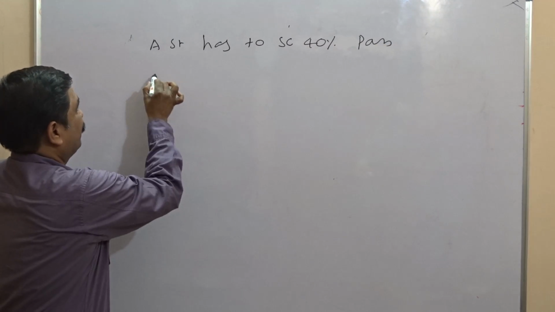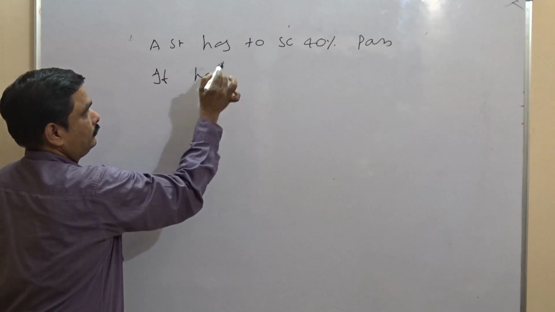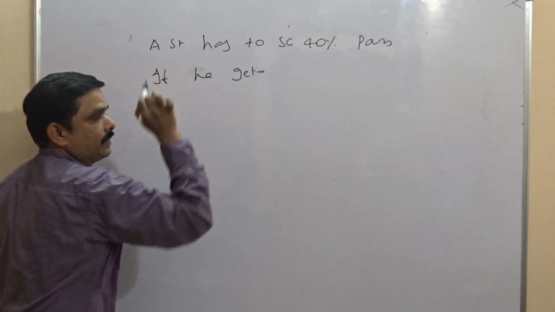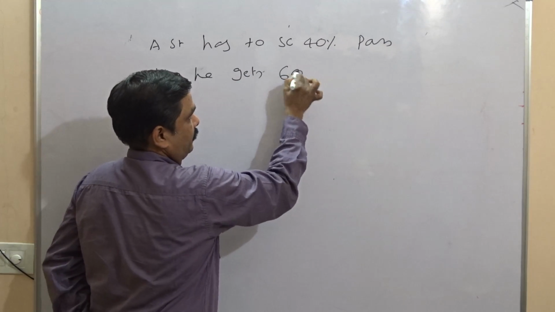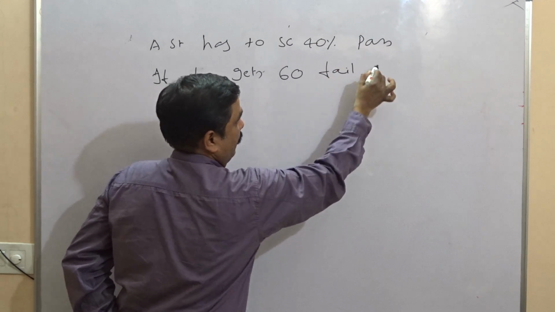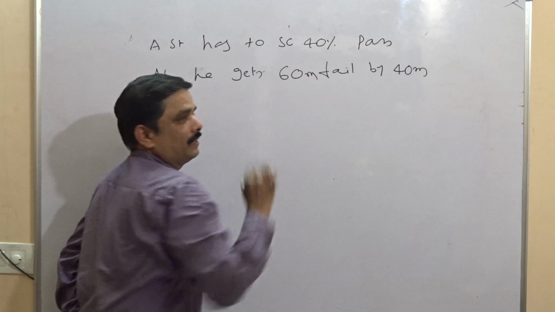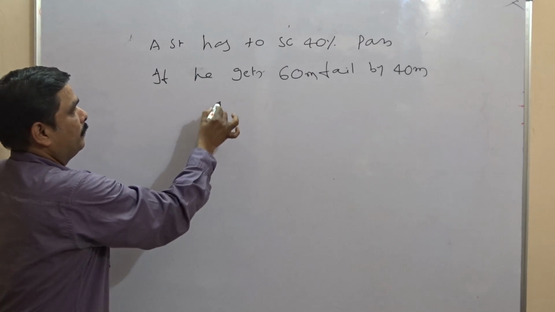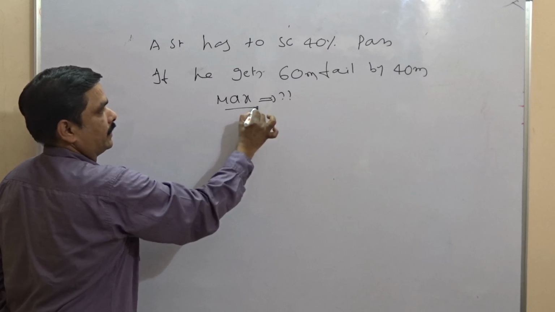If he gets 60 marks and fails by 40 marks, then what are the maximum marks set for that examination is the question.